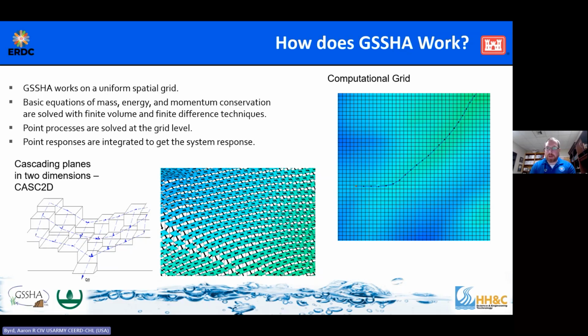It really depends on the size of the domain and what processes you're looking at resolving. But this computational grid size is the heart of GSSHA and the heart of where we solve the mass, energy, and momentum conservation equations. And all of the point processes, for example evapotranspiration, happen over a grid cell.